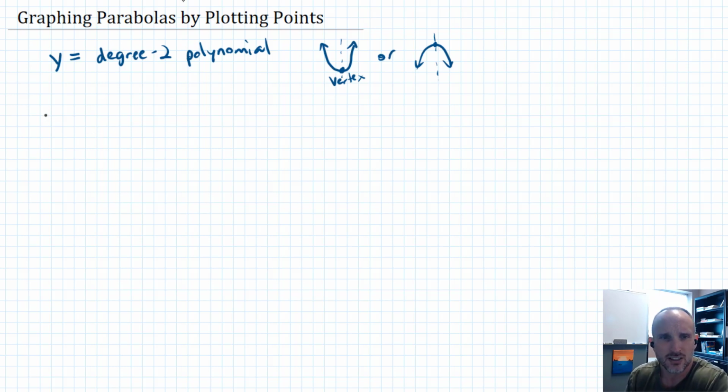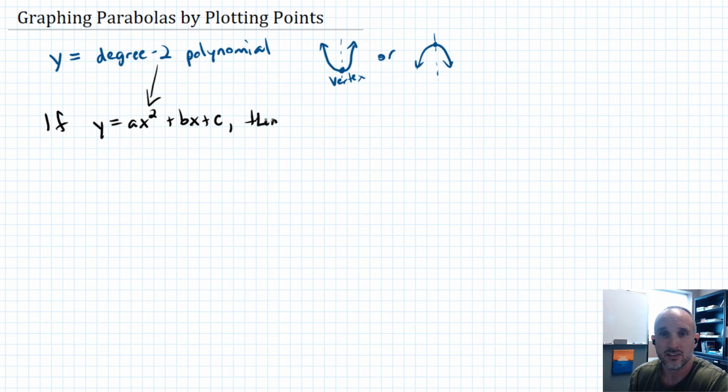So if we have an equation like y equals ax squared plus bx plus c. So that's our degree 2 polynomial, right? And it's written in this particular form where the coefficient of x squared is a, the coefficient of x is b, and the constant is called c.